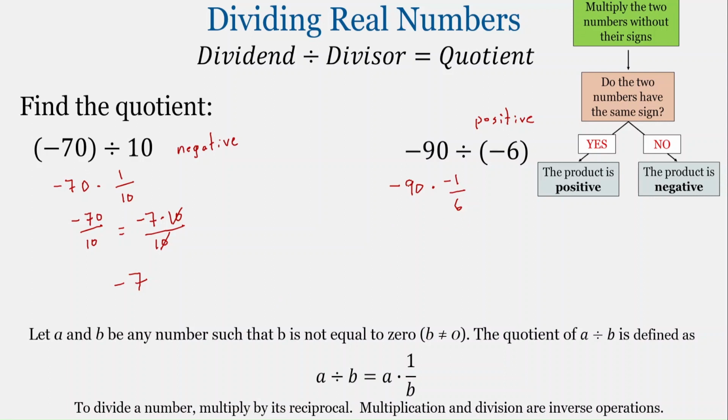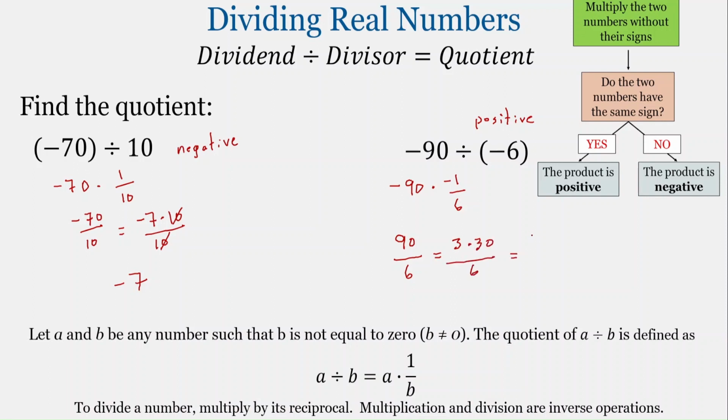Now we have negative 90 times negative 1. That's positive. Negative times negative is a positive. So that's 90 over 6. Now, how to factor this is a little less obvious. A couple different ways we can do this. One way is we can go 3 times 30 all over 6.